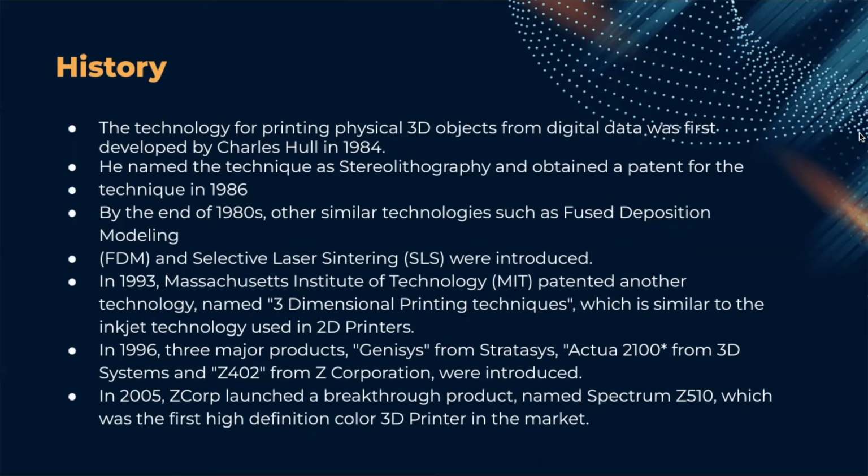Throughout the 1990s and early 2000s, further developments and new tech decreased the cost of commercial units. In 2005, Z Corp launched a breakthrough product, which was the first ever high definition color 3D printer to hit the market. And just 3 years later, the first 3D printed prosthetic leg was created, which demonstrated the future capabilities of this technology.